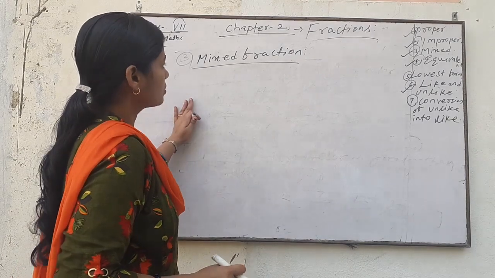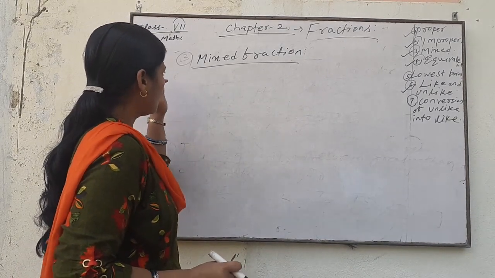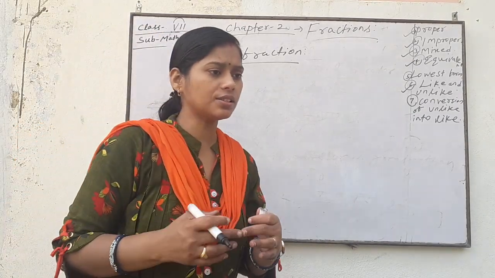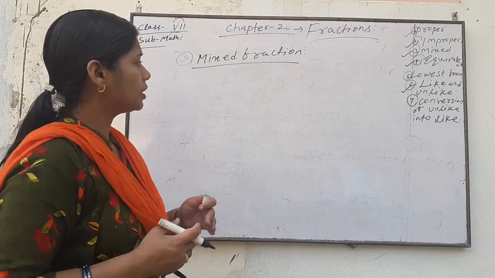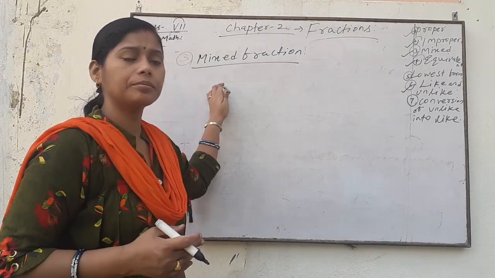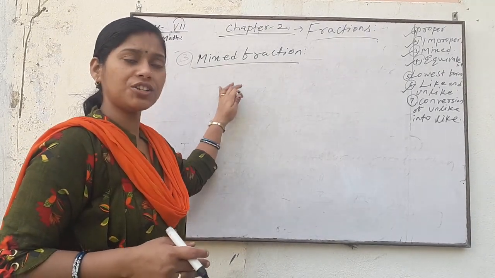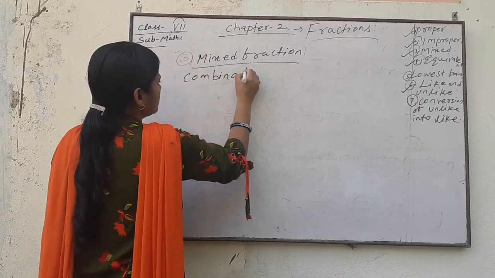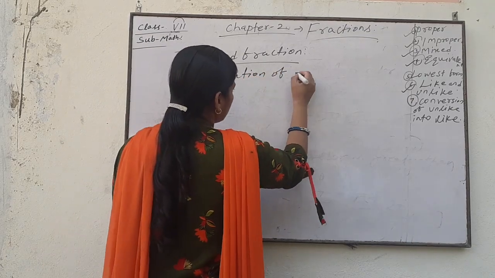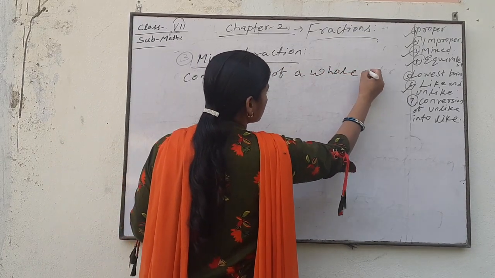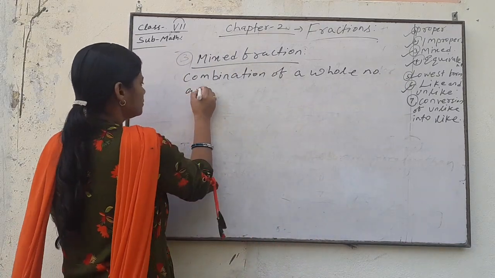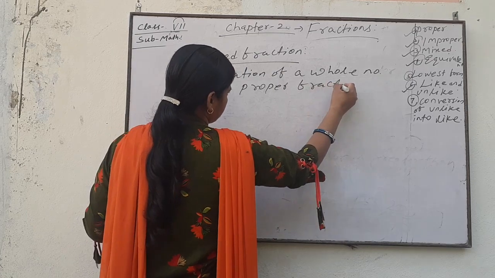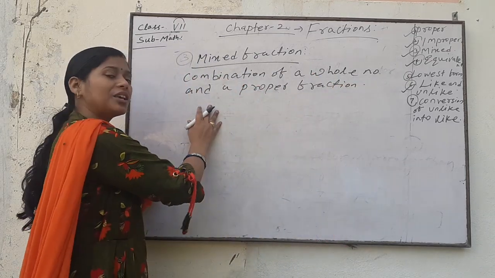Mixed fraction means your combination of fractions, which is your combination of your whole number and a proper fraction. Your combination of a whole number and a proper fraction. This is your mixed fraction.